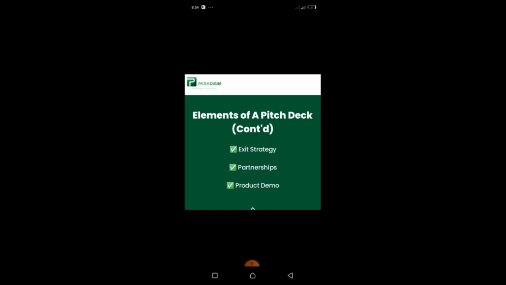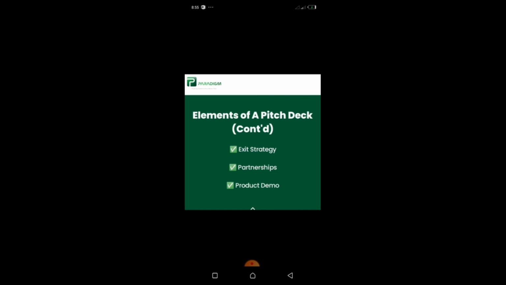If you are getting the money on an equity level, then you let them know how much share will get back to them. If it is on a debt level, if you are going to be giving them back their money fully, you let them know how you plan to pay back. If you are going to be waiting for your business to be acquired before you pay them back, you let them know. So this is what we mean by exit strategy.